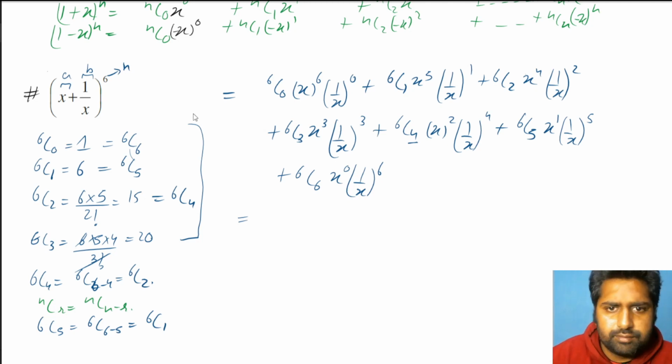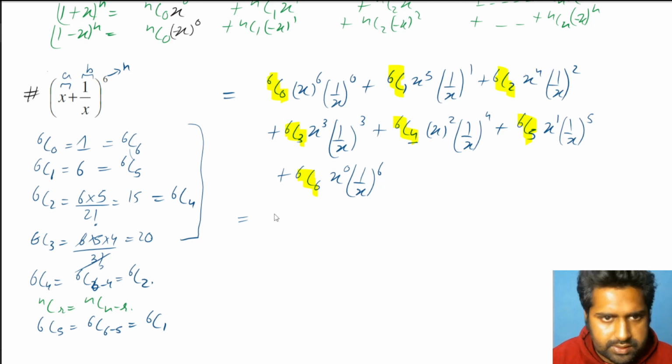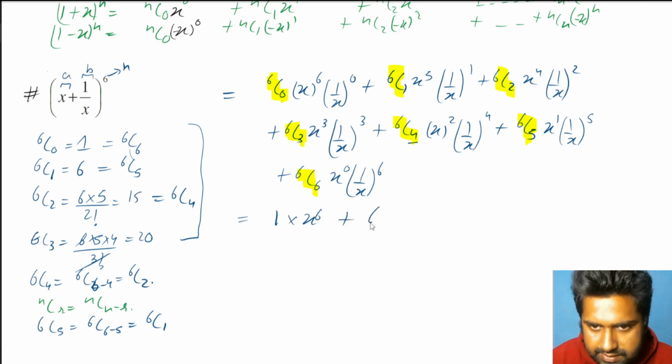Let's put down the values of 6c0, 6c1, 6c2, 3, 4, 5 and 6. We have already calculated that. So 6c0 is 1 into x raised to power 6 plus 1 by x raised to power 0 is 1. 6c1 was 6, x raised to power 5, and this is 1 by x.